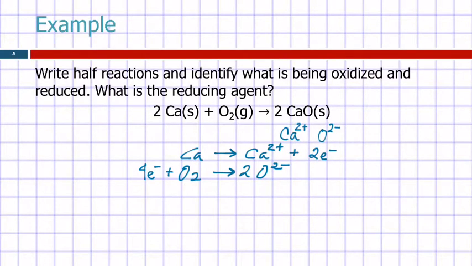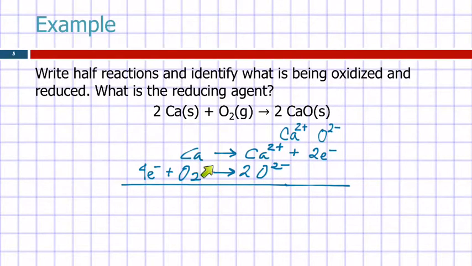Now, if I add these together, am I going to get the overall reaction that's up on the top there? Are these 2 electrons going to cancel out with these 4 electrons? No. 1 calcium atom making a calcium ion gives us 2 electrons.